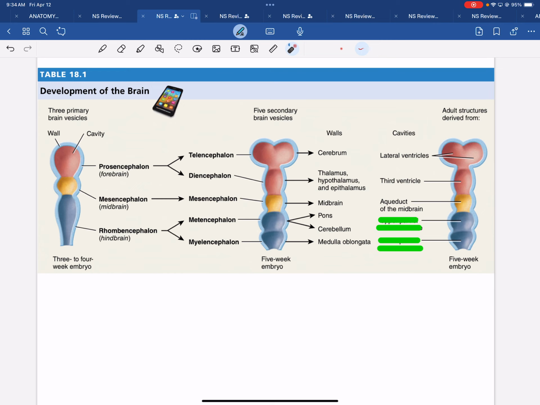And then, what is this space? Good, the fourth ventricle. So the superior part is formed by the metencephalon, and the inferior part is formed by the myelencephalon. So that's why it's called the rhombencephalon, because the fourth ventricle looks like a rhombus.